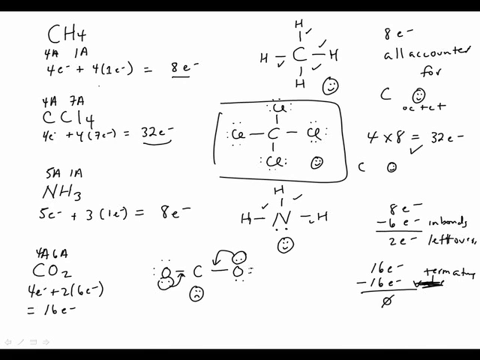So if I put these 2 into a double bond there, those 4 electrons are considered to be part and parcel of the carbon and the oxygen. So you share, but you don't lose anything, which is very, very nice.